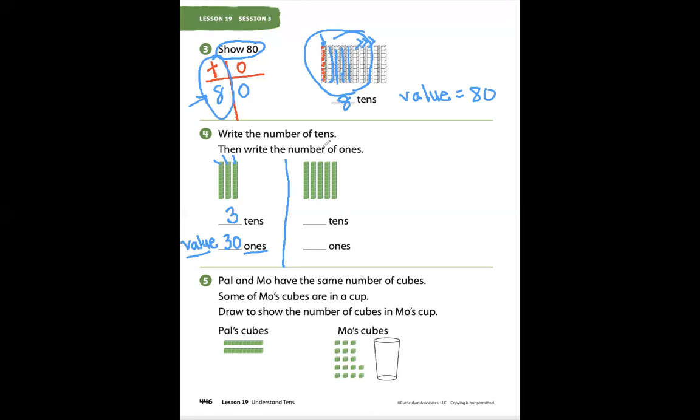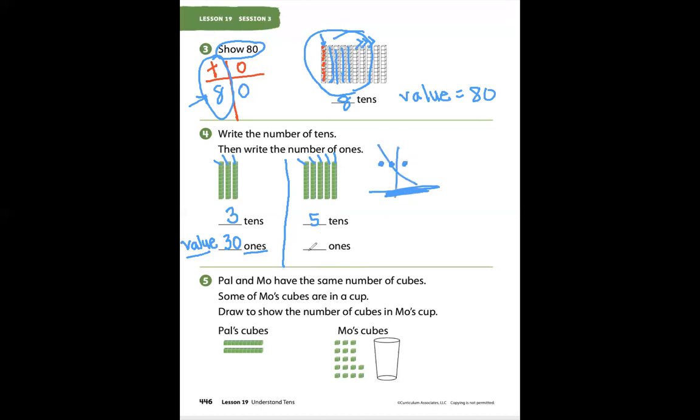Let's do this one. How many tens? 1 ten, 2 tens, 3 tens, 4 tens, 5 tens. There are 5 tens. And then it says how many ones? But we don't see single ones over here like this, right? We don't see any of that.